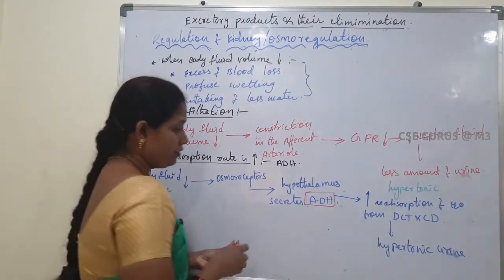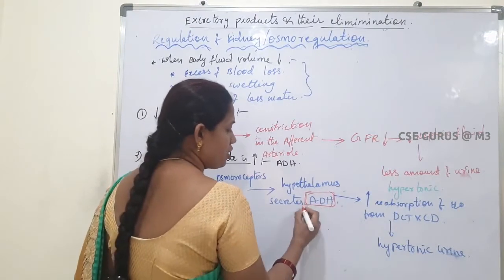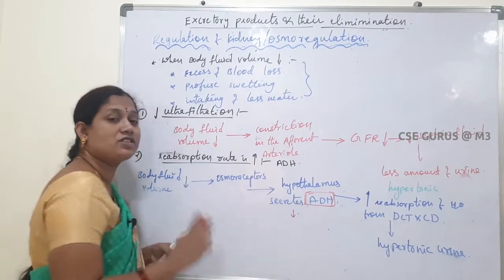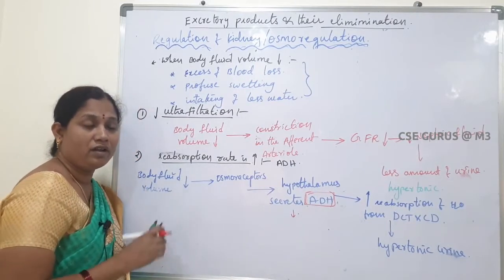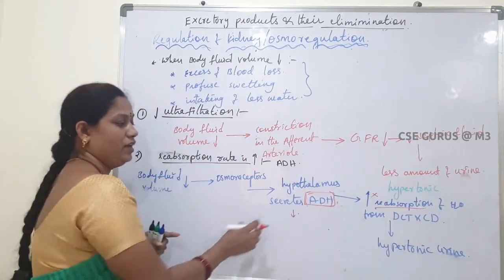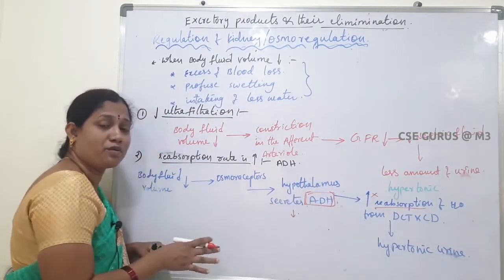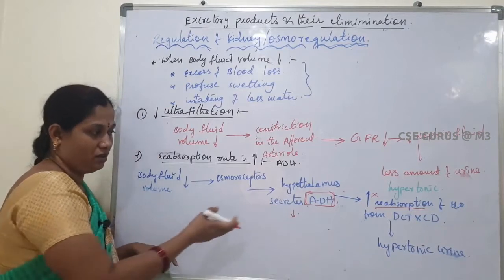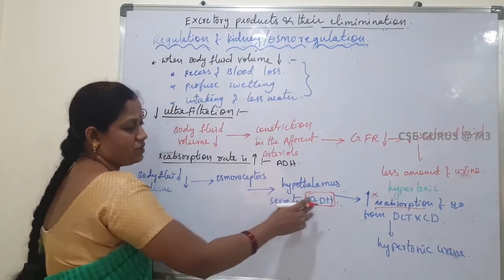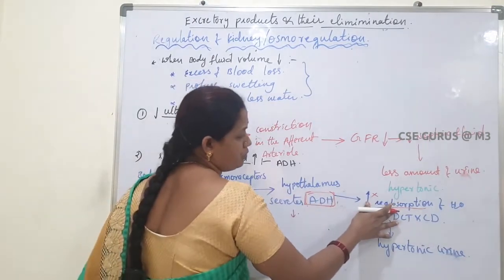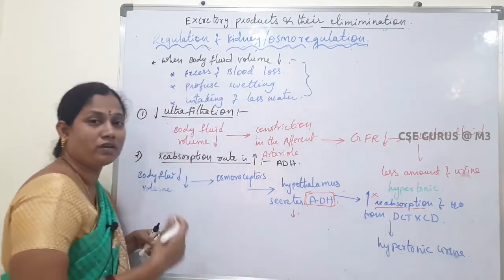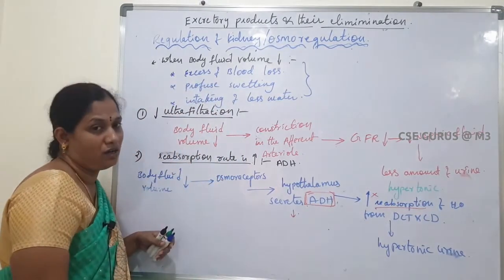If ADH hormone deficiency takes place, what will happen? The reabsorption process does not occur. If a sufficient amount of ADH hormone is not supplied to the blood, reabsorption of water does not take place, and the water is excreted to the outside.